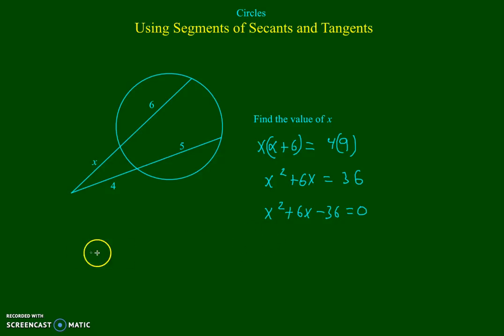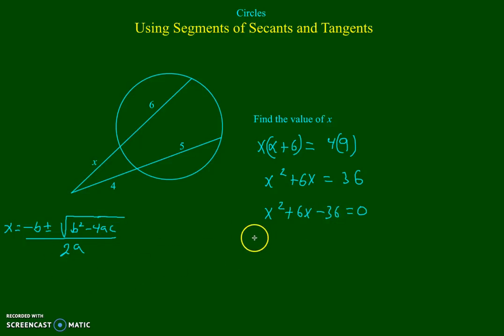So the quadratic formula, in case you don't remember, is x equals negative b plus or minus the square root of b squared minus 4ac all over 2a, where a is the coefficient of the squared term, b is the coefficient of the linear term, and c is the constant term.